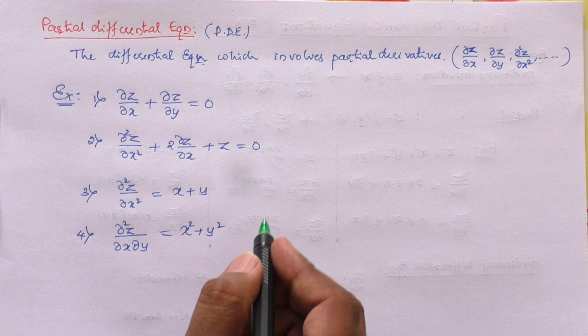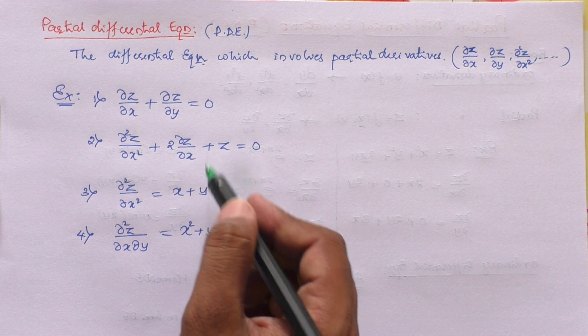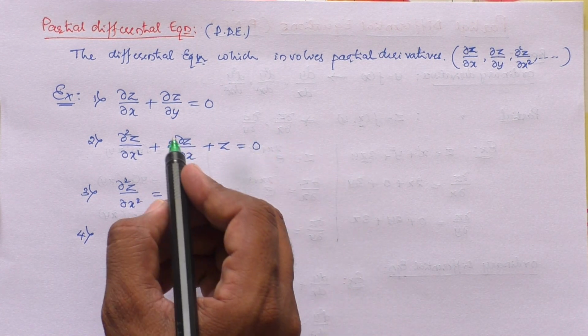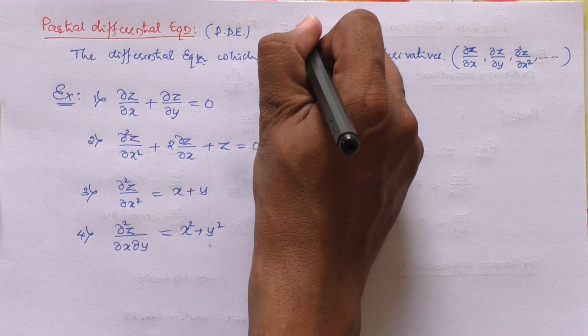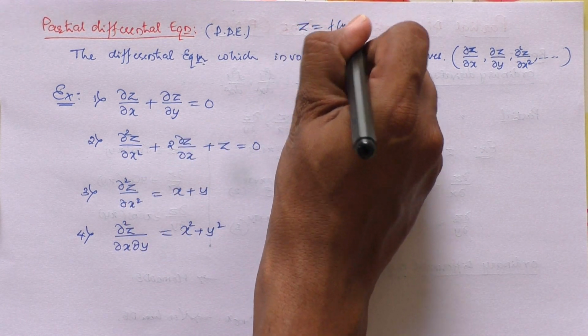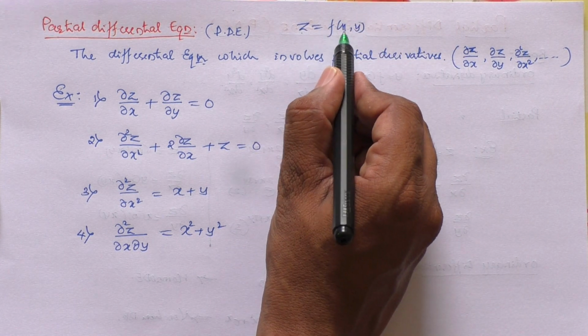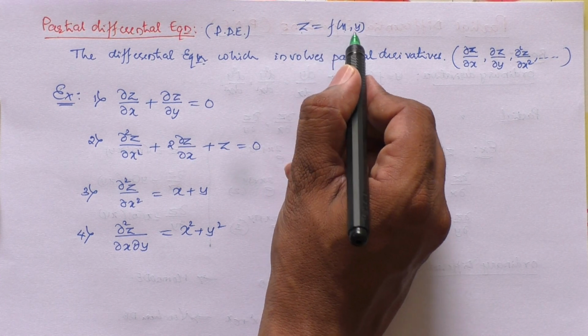Now let us make out the difference between all four examples, the first two and the last two. When you look at the first example, we know z is a function of x, y. So z is called the dependent variable, and x, y are called independent variables.